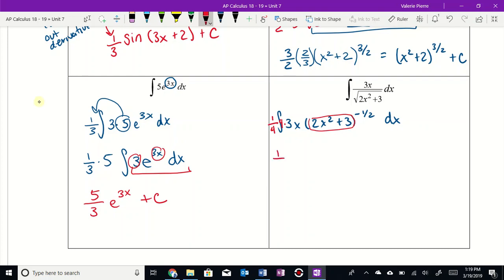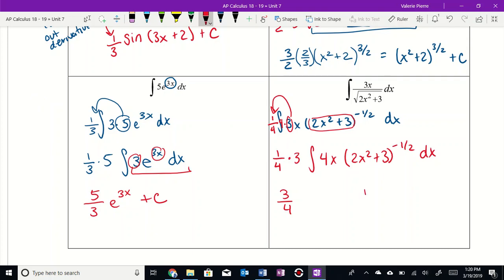So once again, we're in a situation where we only want the integrand to contain the outer function, the inner function, and the inner function's derivative. So this 3 needs to come out. We only have the license to integrate the inner function's derivative. So now we have 3/4. And to integrate this function, we're going to add 1 to the exponent.